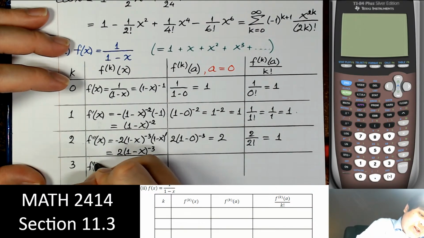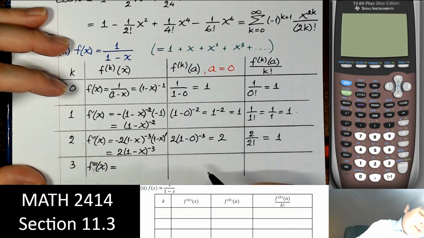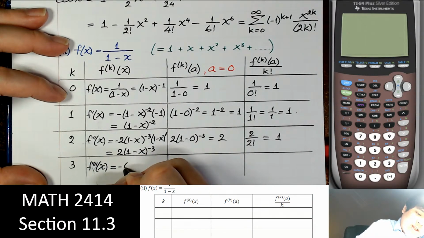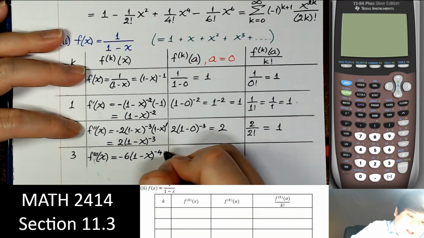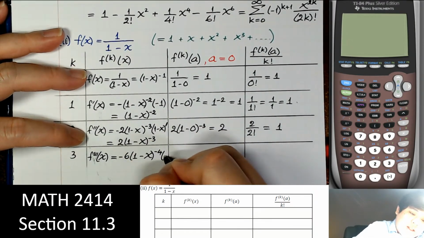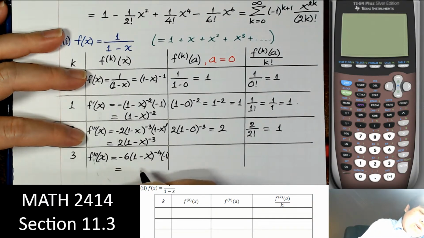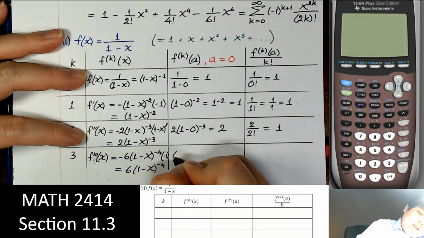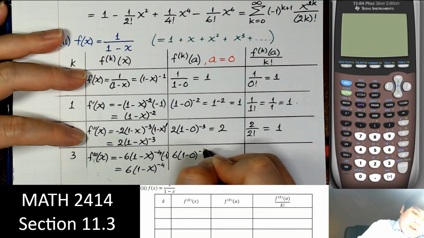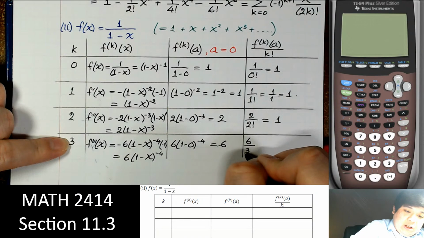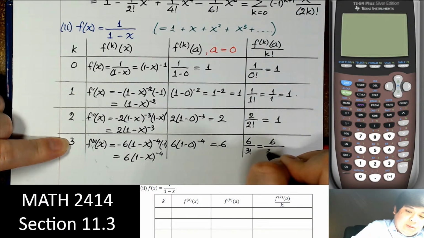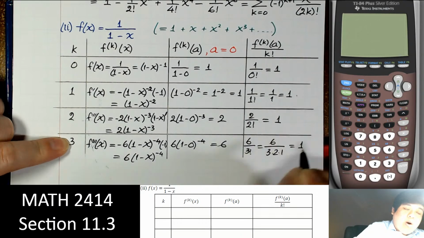And then the third derivative: take the negative 3 down, that's negative 6, and then the derivative of 1 minus x, which is negative 1. So that gives us 6 times 1 minus x to the negative 4. That is still 6, and 6 over 3 factorial, 3 times 2 times 1, is also 1.